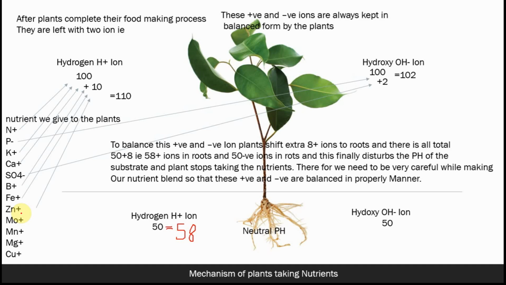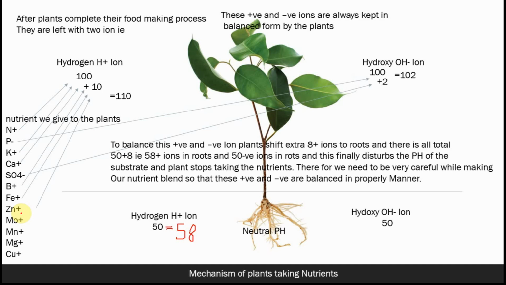The root itself has the information that it already has 8, so it won't take another 8, it will take only 2. And for the hydroxy, which is 50 there, to balance it, it will take negative ions but not positive ions. So there will again be a complete imbalance of positive and negative ions.